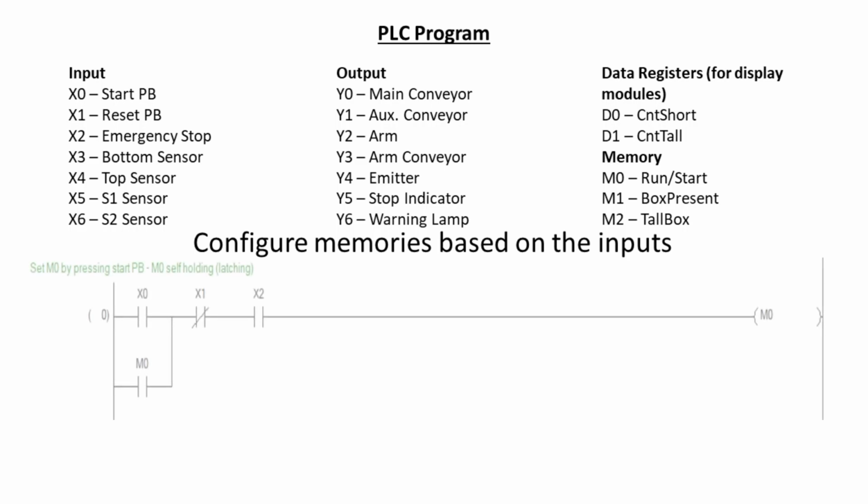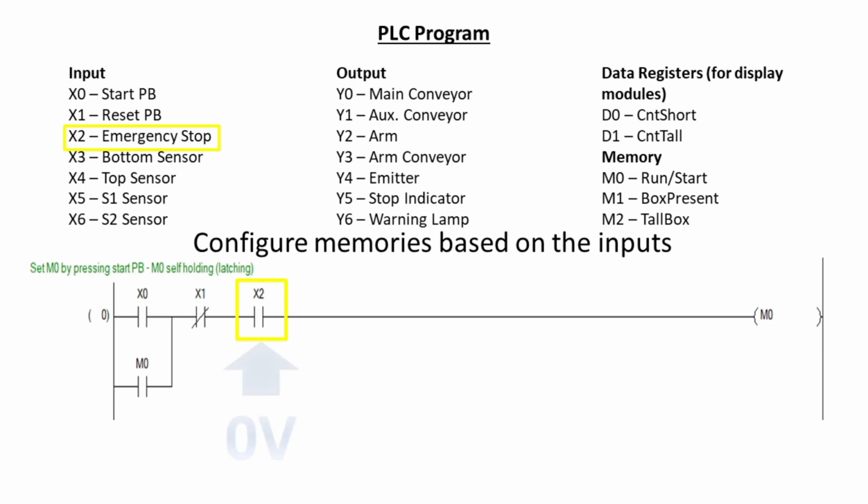Here's the initial rung. As you're aware, the emergency switch has a normally closed contact that connects to the PLC's X2 pin. This indicates that a 24-volt signal is present at the X2 pin until the emergency switch is triggered. In this rung, a normally open contact is used for the X2 pin.